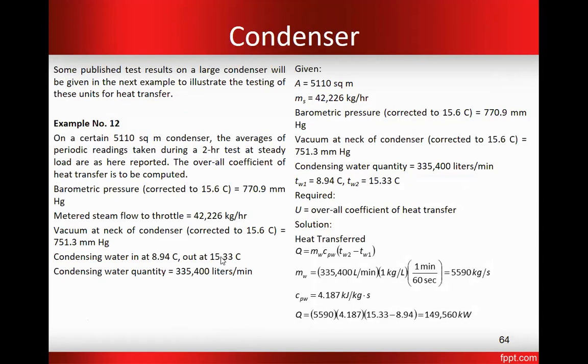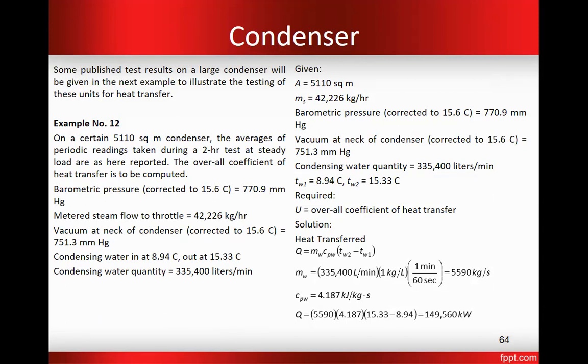Next, condenser. Some published test results on large condensers will be given in the next example to illustrate the testing of this unit for heat transfer. So, example tayo. Example number 12. On a certain 5,110 square meter condenser in heat transfer area, the averages of periodic readings taken during a 2-hour test at steady load are as reported. The overall coefficient of heat transfer is to be computed.